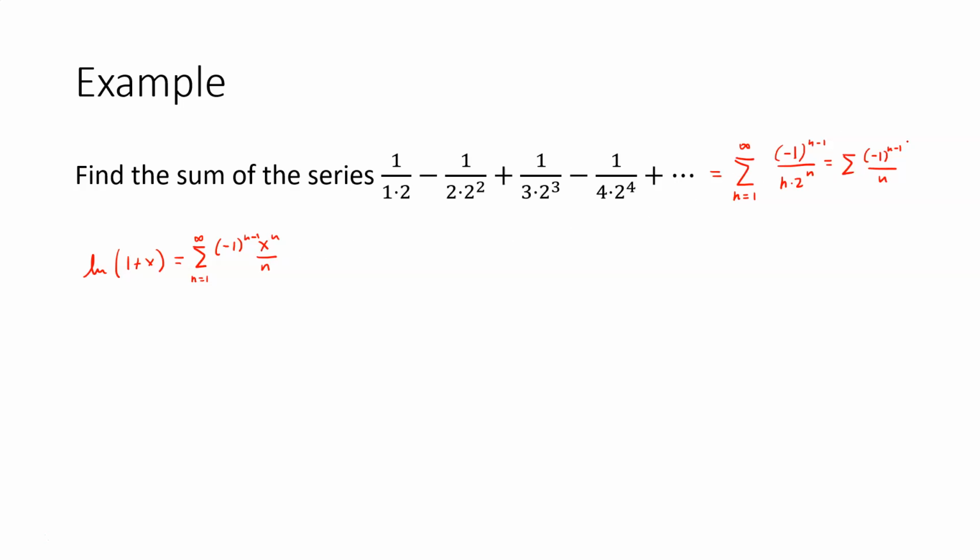And instead of x to the n, it has 1/2 to the n. Because you notice it's got 2 to the n in the denominator. Well, that's the same as 1/2 to the n. So you notice that this is really the same as ln of 1 plus x, but evaluated at x equals 1/2. If I do 1 plus 1/2 here, we get exactly that series.